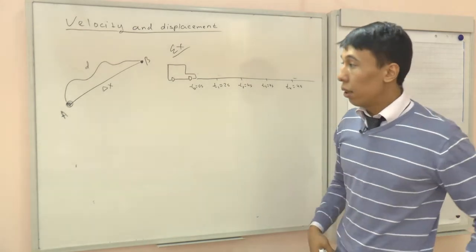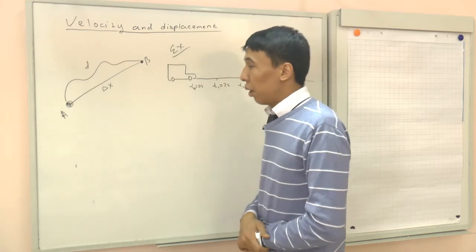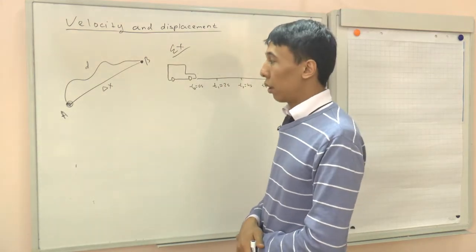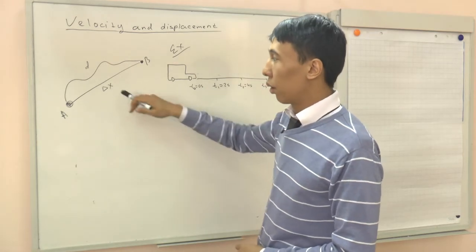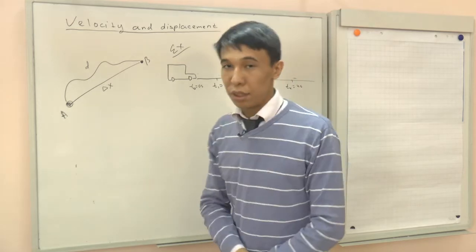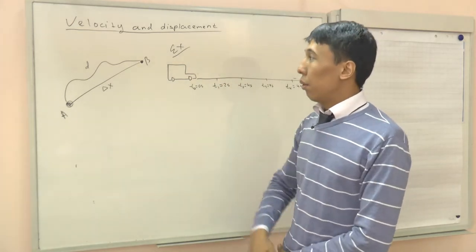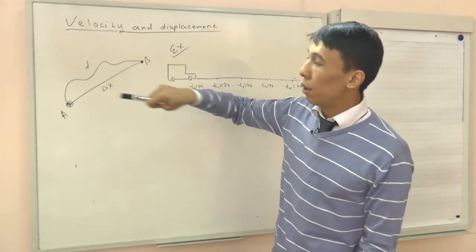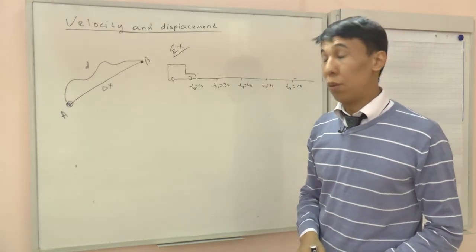And now, in addition to this, at the beginning of the lesson, if I don't forget, Baujan drew this picture here, and he noted this as the distance and here delta x as displacement. When we want to learn velocity, we need this picture and also the equation of speed.